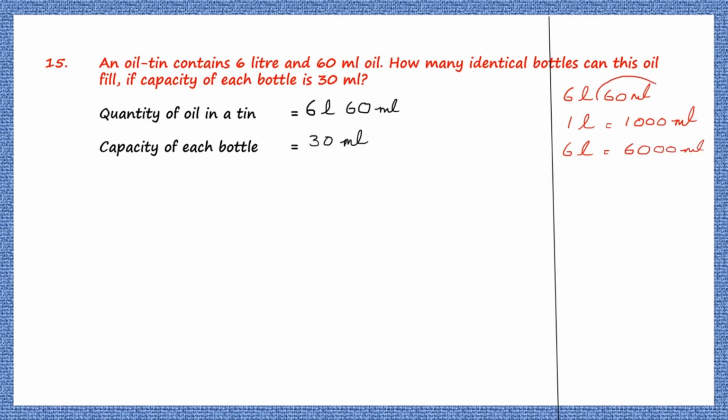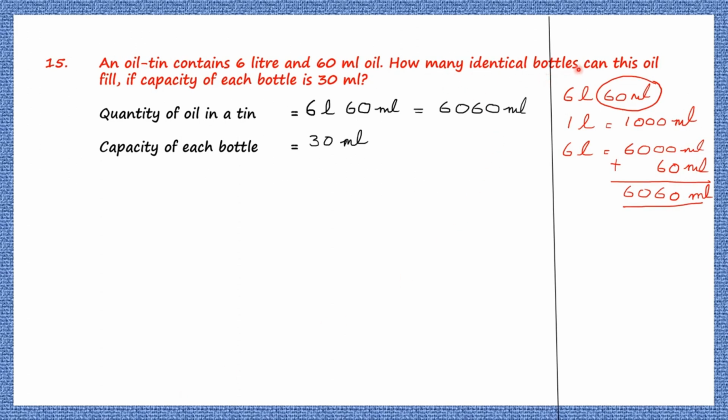Now what about this one? This is already in milliliters, so we simply have to add it by putting it in the right place. 60 has to be put there. Now let's add up these. So we have 0, 6, 0, 6, that is 6060 milliliters. So the quantity of oil in a tin is 6060 milliliters.